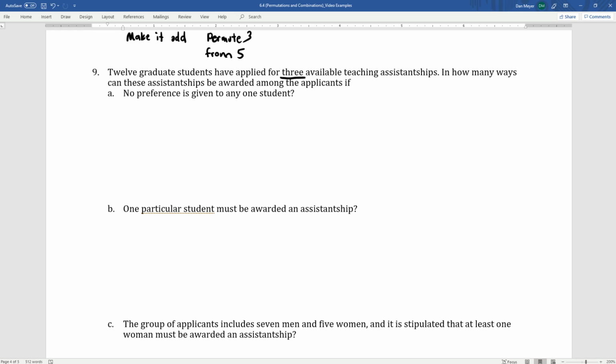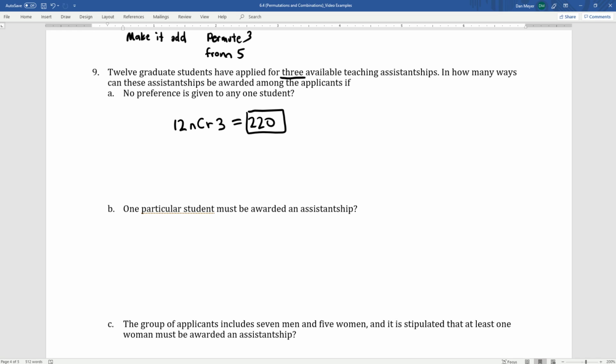Once we pick those 3, that's all we have to do. So this is a combination problem. From the 12 graduate students, we just have to pick 3 of them. And that gives us 220 ways to award those assistantships.